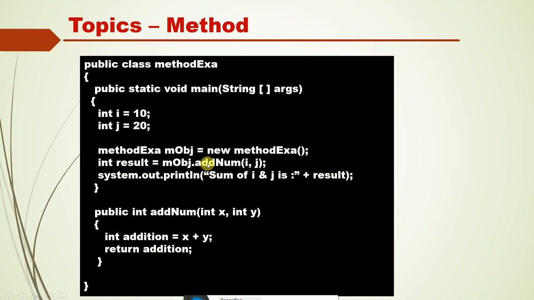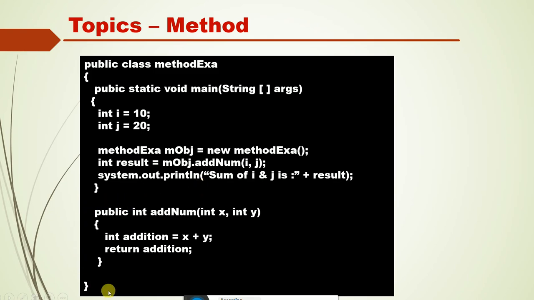So this value will be transferred back to mObject dot addNum, and it will be stored in result. Then we print it with System.out.println, the sum of i and j is, and with the plus operator we add the output, that is result. So in this example we simply use the method concept to add two values.